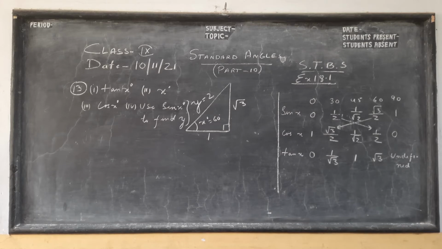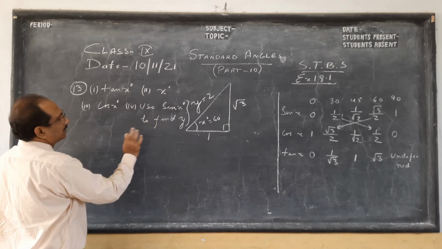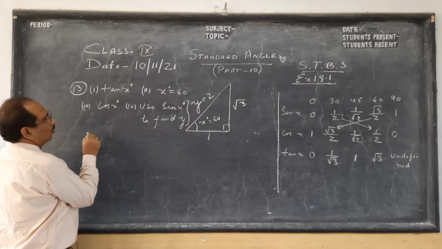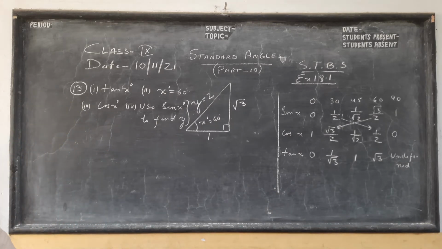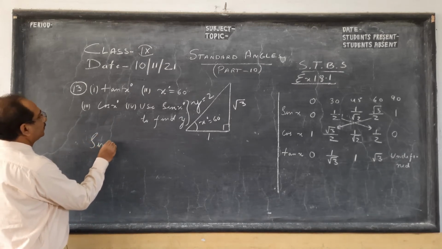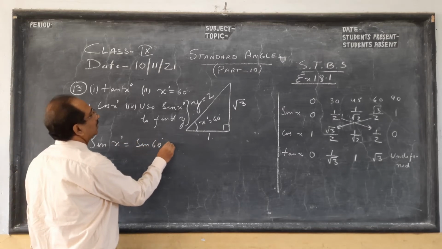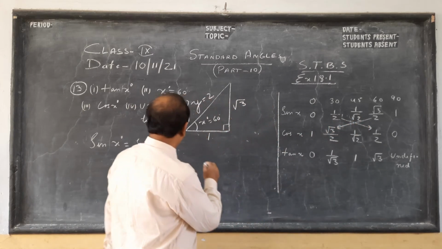So we are going to find the value of y by using sin x degree. See, children, we have got x degree is 60 degree. So if you see the question, use sin x degree. So sin x degree, which is sin 60 degree, we know is root 3 by 2.